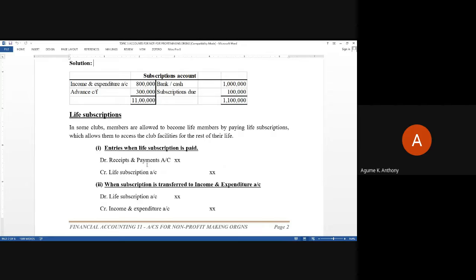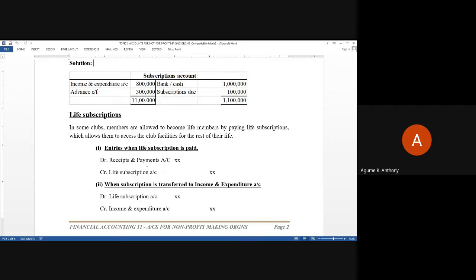But of course, you are going to be recognizing a certain portion of that life subscription that has been paid in the financial statements. So meaning that if life subscription is paid, you need to debit receipts and payments account and then credit life subscription account.